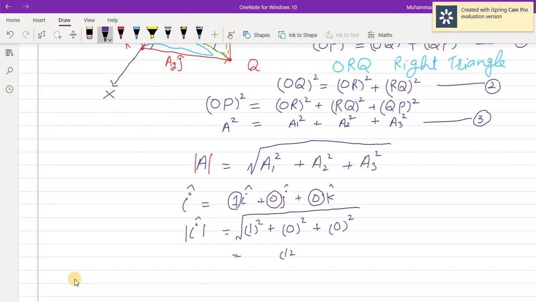Finally we will have square root of 1, which will be equal to 1. So magnitude of unit vector is 1.